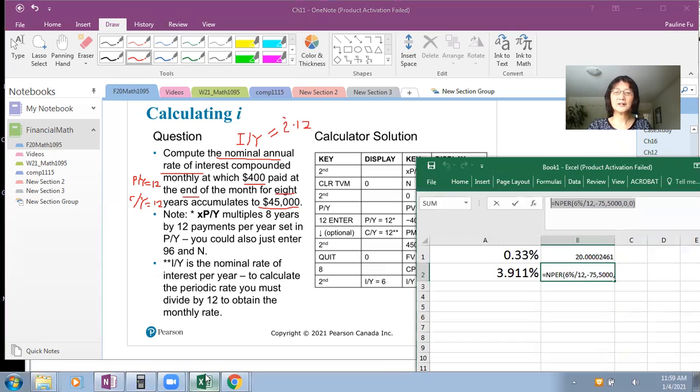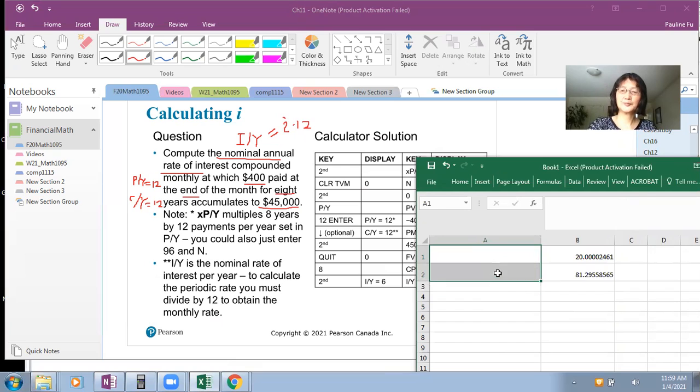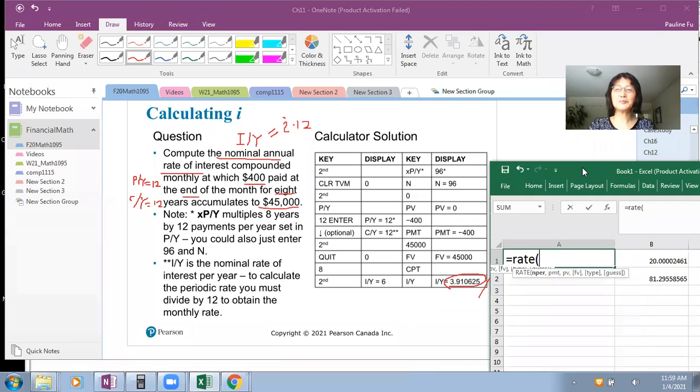Next, Excel. How do I calculate the rate? You use the rate function. So equal rate. When you use the rate function in Excel, the result is the periodic interest rate. To find the nominal annual rate, you have to multiply by 12.